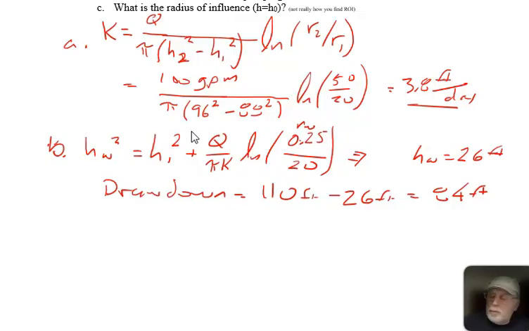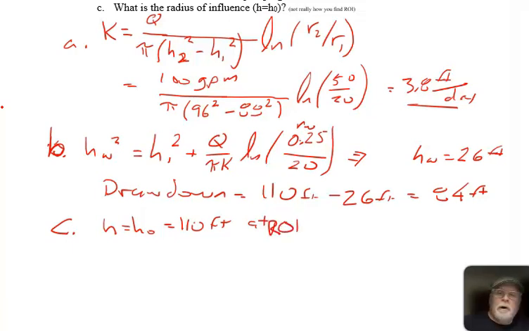Okay, this is not really how you find a radius of influence. The way we do it is you plot the drawdown versus distance, and you do it on a semi-log scale and then extend it up to 0. But here's a way to do it. I'm going to set H equals H0 equals 110 feet at the radius of influence. I'll call it ROI.